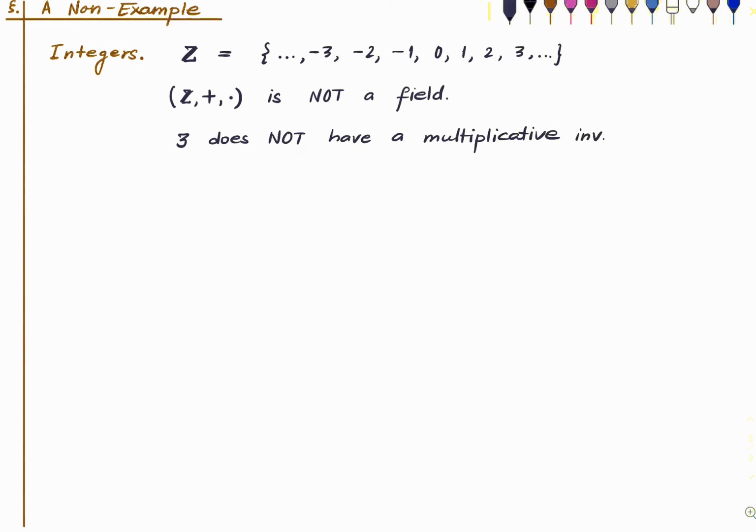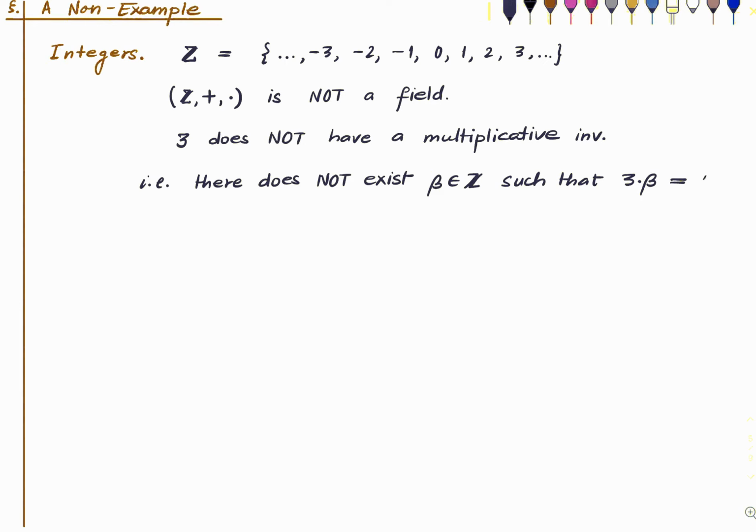Which means what? If you recall the definition of a multiplicative inverse, it means that there does not exist some beta in Z such that 3 times beta is the multiplicative identity of Z. But what is the multiplicative identity of Z? 1.